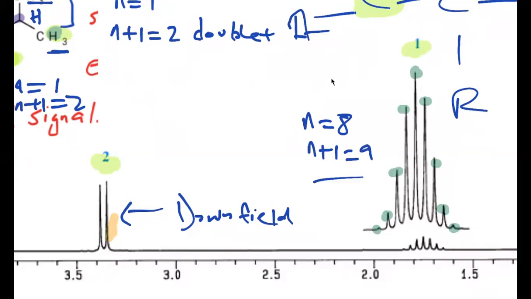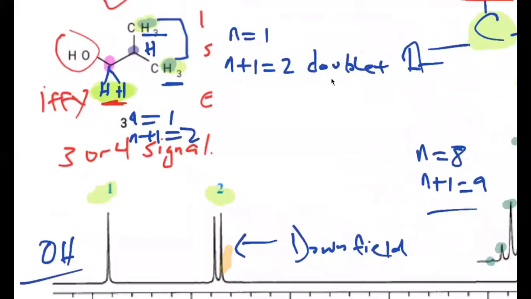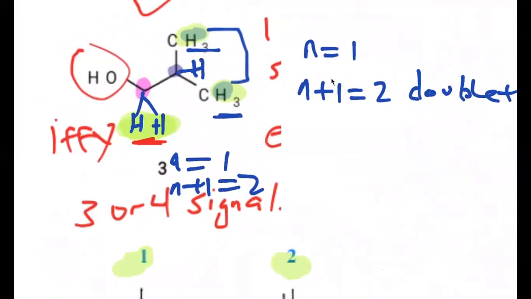So N plus 1 will be 9 for that signal. The only proton that's left is this one right here. So how is that signal split into 9 lines? That's the question. What is that proton splitting with?